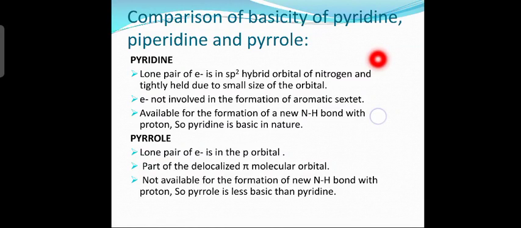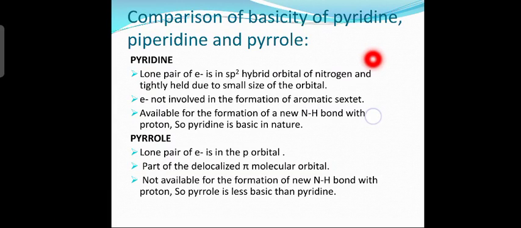Hence, pyridine is basic in nature. The lone pair of electrons in pyrrole is in the p orbital and forms a part of the delocalized pi molecular orbital. It is not available for the formation of new NH bond with proton. Hence, pyrrole is less basic than pyridine.